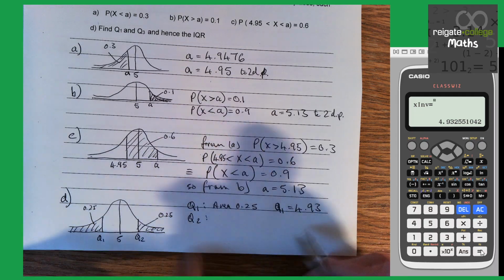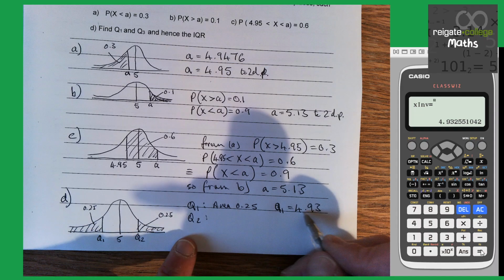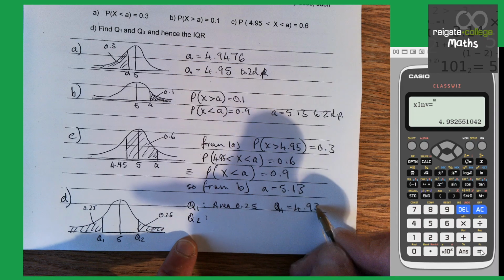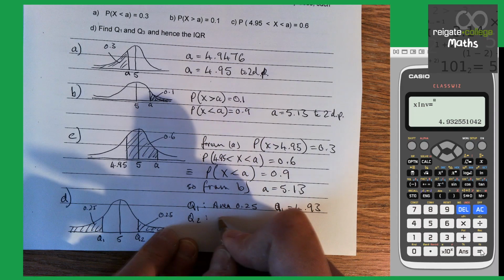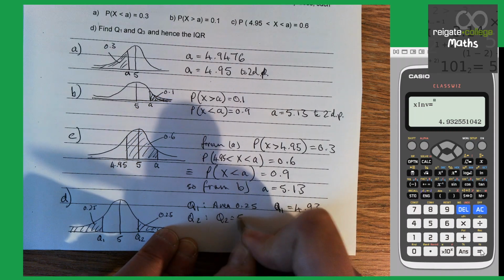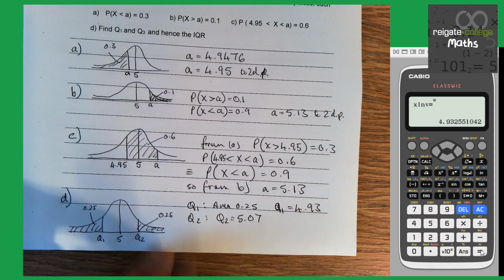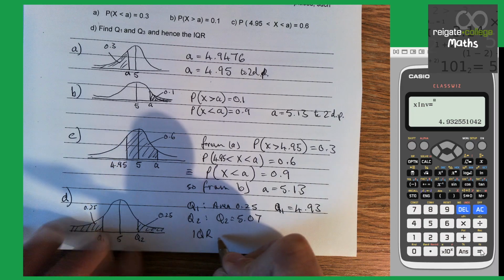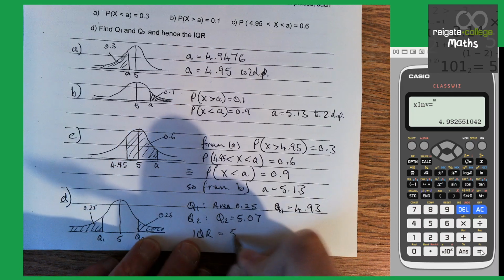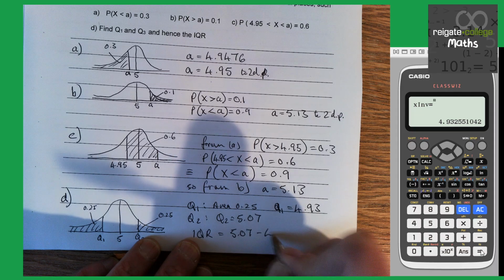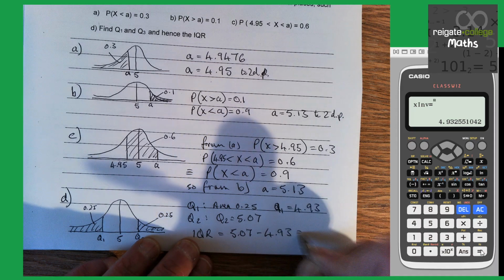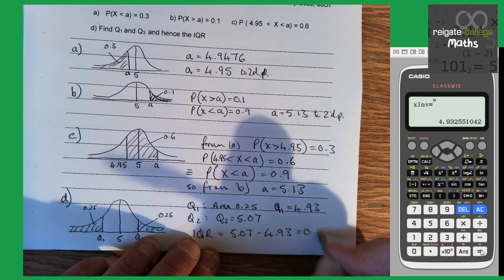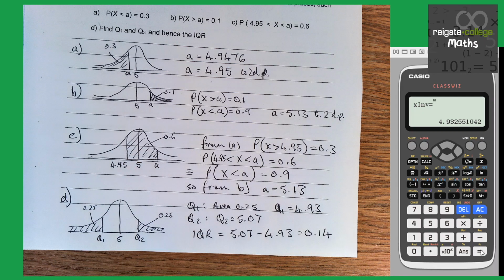This is 0.07 below the mean, so it's 0.07 above the mean. Q3 equals 5.07. So the IQR is equal to 5.07 minus 4.93, which is 0.14.